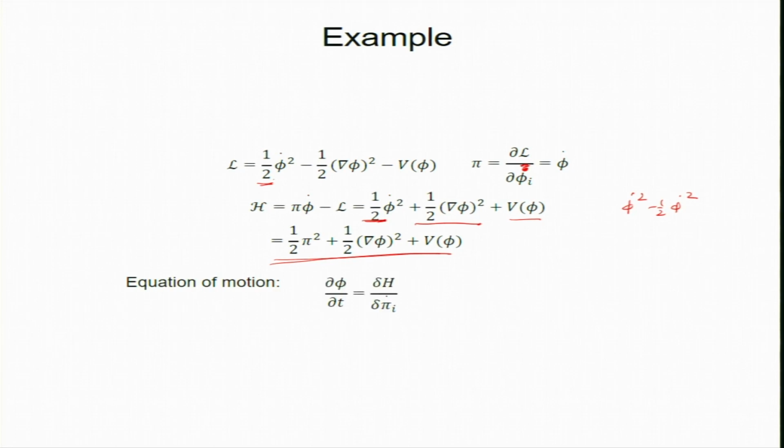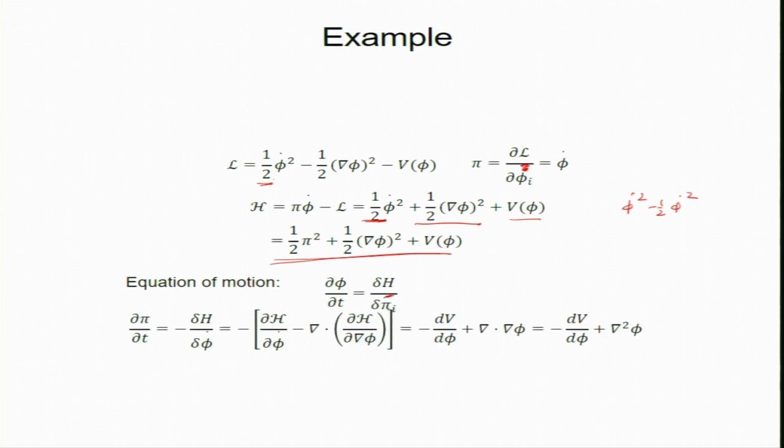So, the equations of motion. phi dot is delta H delta pi I, and for this, I equals 1 since this is 1D. So this gives phi dot equal to delta H by delta pi, which is pi. Now pi dot is minus delta H by delta phi, with a minus sign.